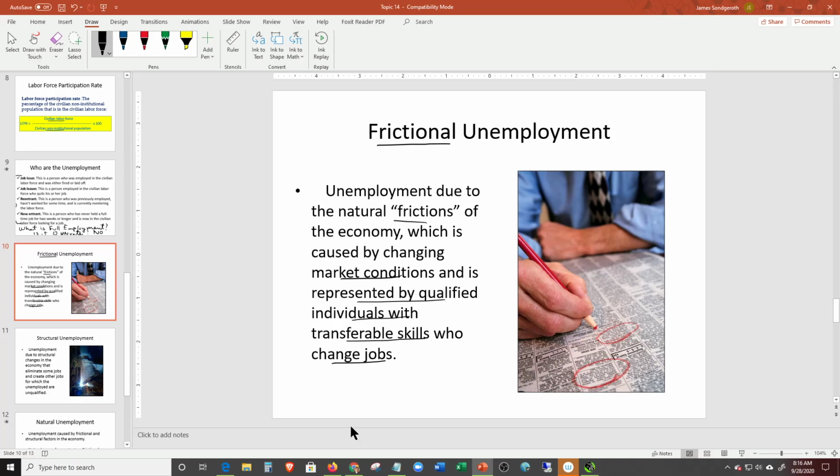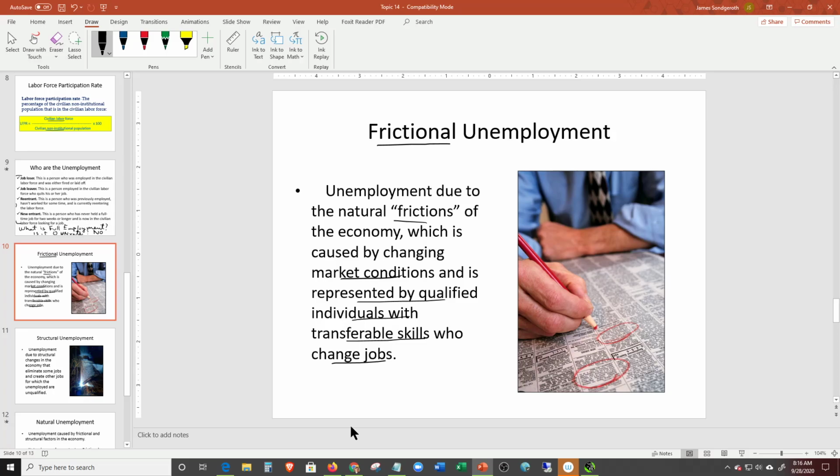Okay. So, this type of unemployment is higher when the economy is doing well and people who are working think it will be easy for them to find another job. So, why would you want to find another job? Well, maybe your family's moving to another part of the country and you want to be near them.